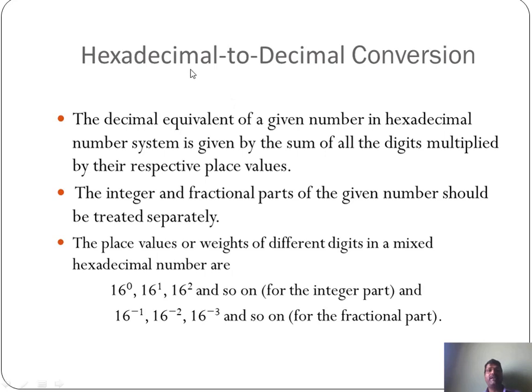So in case of hexadecimal, positional weights are 16 raised to 0, 16 raised to 1 and so on for the integer part, and 16 raised to minus 1, 16 raised to minus 2, 16 raised to minus 3 for the fractional part. So the decimal equivalent of a given number in hexadecimal is given by the sum of all digits multiplied by their respective place values, positional values or weightage, whatever you want to call it. Here also we convert integer and fractional parts separately, and then finally we combine both.